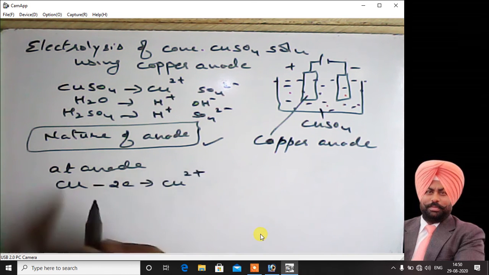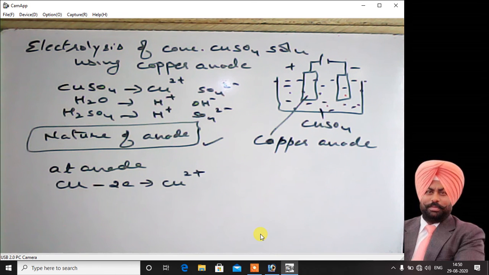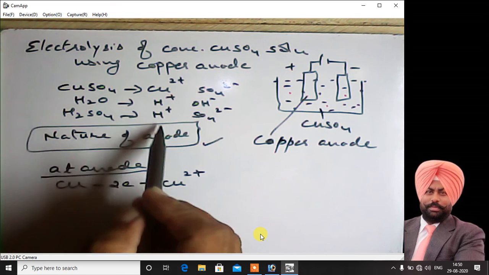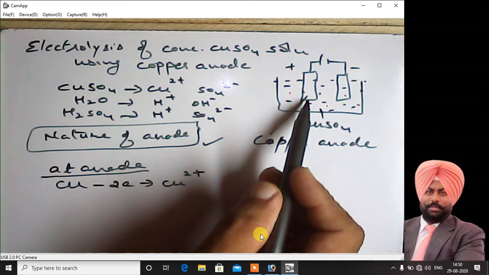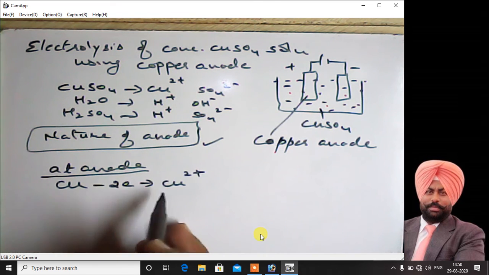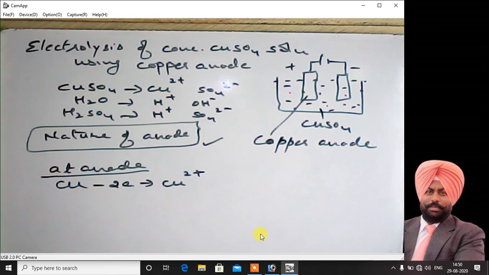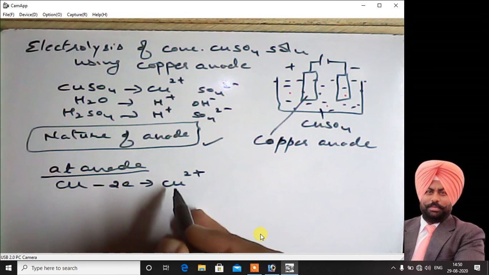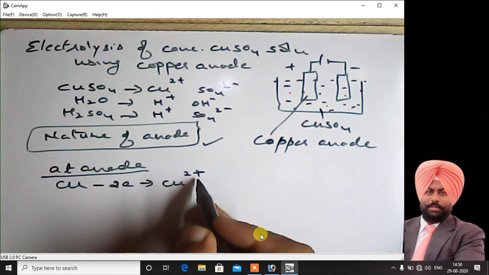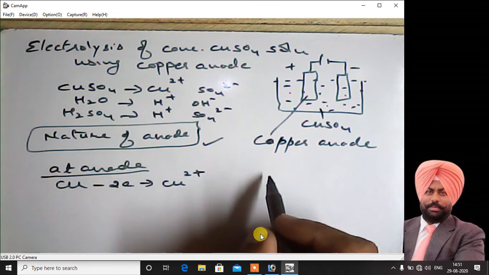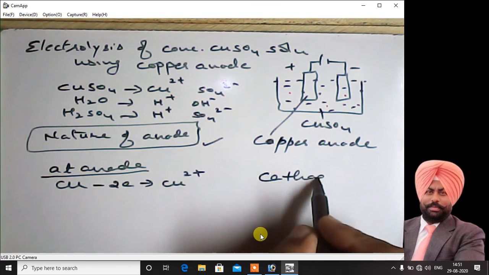It means the copper ions are produced at anode. No ion will migrate towards anode, but instead of it, anode will form copper 2 positive ions. And these copper 2 positive ions will migrate towards cathode.